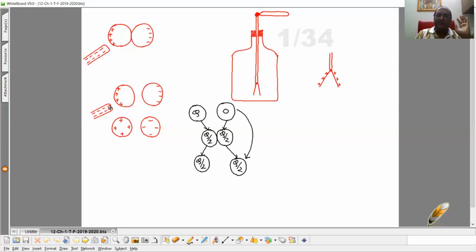So when plastic rod is removed, then redistribution of charges will take place, and resultantly this one becomes positively charged and this one becomes negatively charged. Now see, initially both the spheres were electrically neutral. Now both are electrically charged. But here the sphere is charged without making contact of it with charged body.